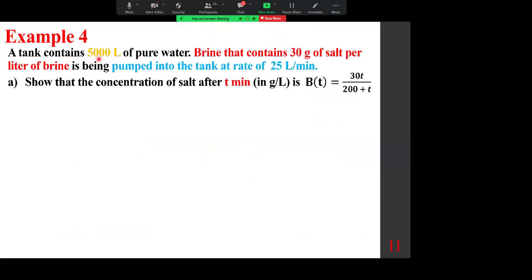A tank contains 5,000 liters of pure water. Brine that contains 30 grams of salt per liter of brine is being pumped into the tank at a rate of 25 liters per minute.